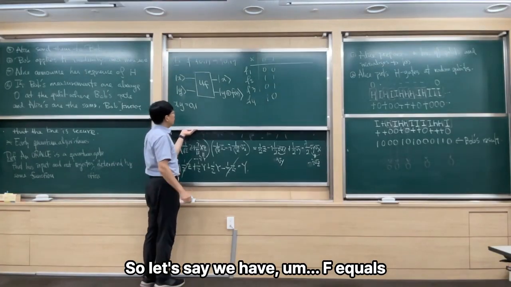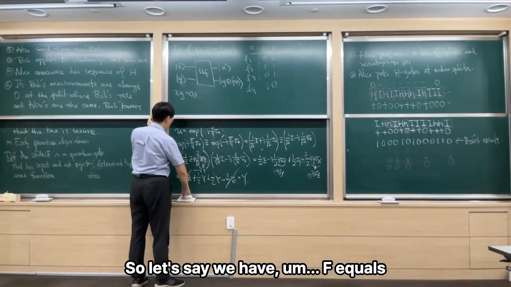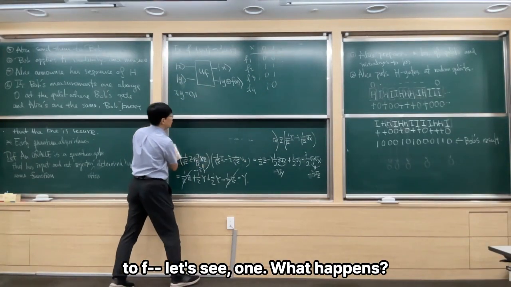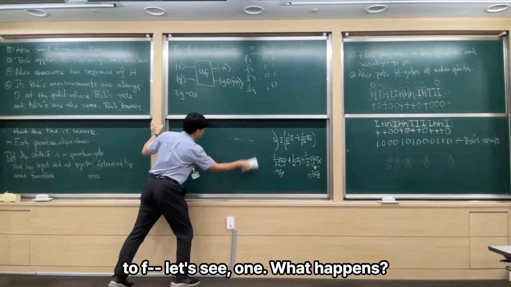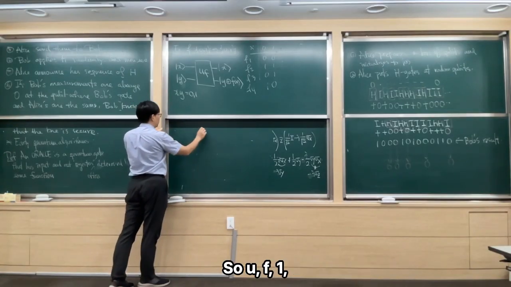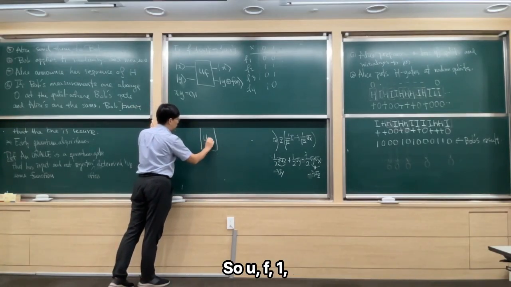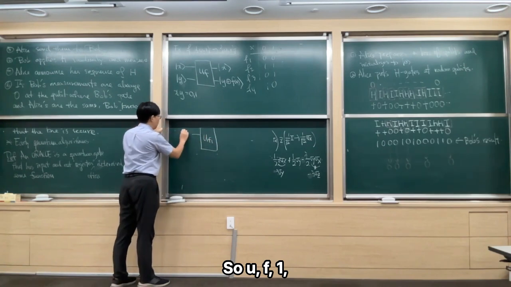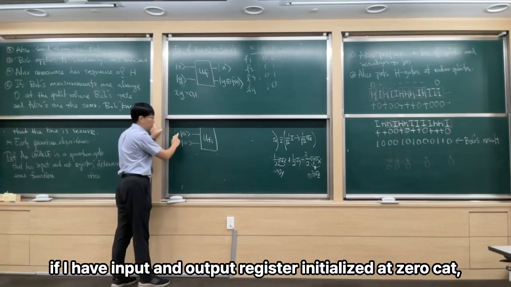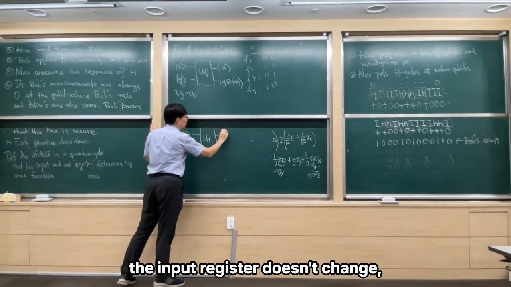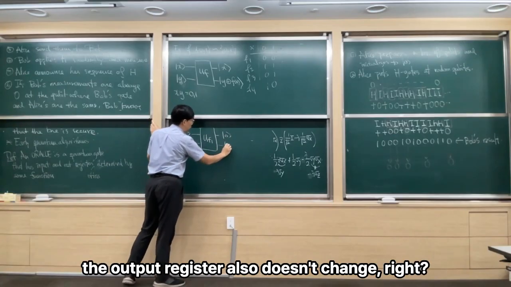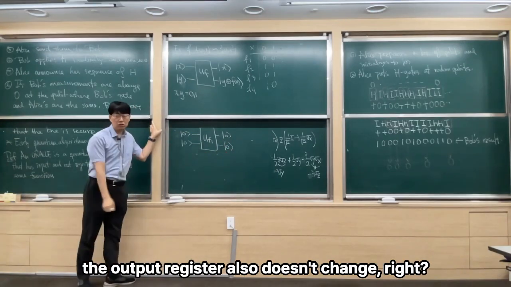So let's say we have f equals to f1. What happens? For U_f1, if I have input and output register initialized at 0 ket, the input register doesn't change. The output register also doesn't change, right?